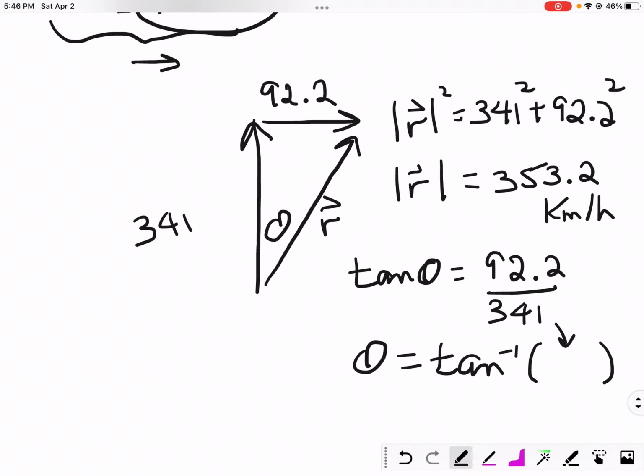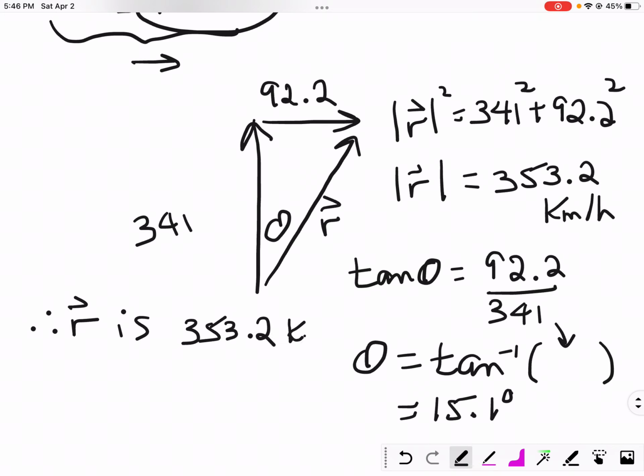And I'm going to get, when I do this, 15.1 degrees. Therefore, the resultant vector is 353.2 kilometers per hour, and we're going to call this north, 15.1 degrees east.